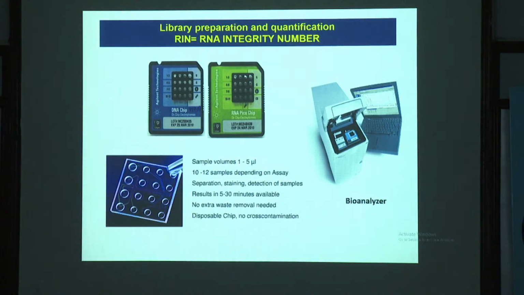For example, if I am planning for transcriptome analysis and I have isolated RNA, I have checked that RNA on gel and on spectrophotometer, nanodrop, I have taken a reading. Okay, so you also have to check the quality or the RIN number.